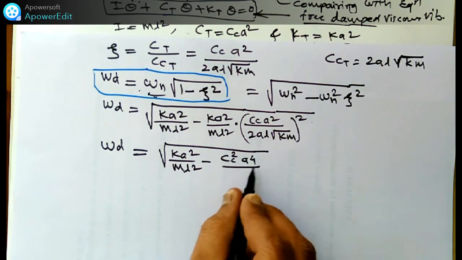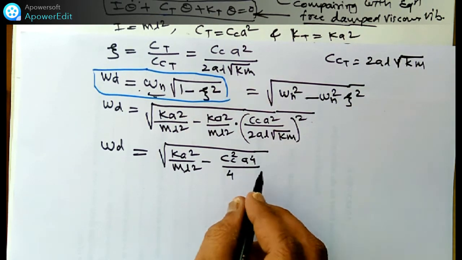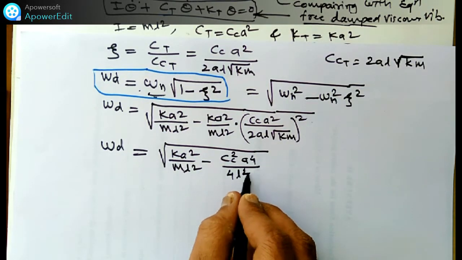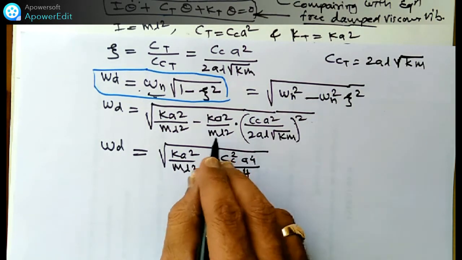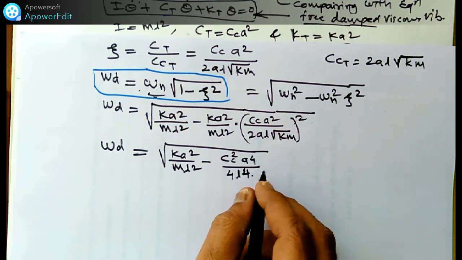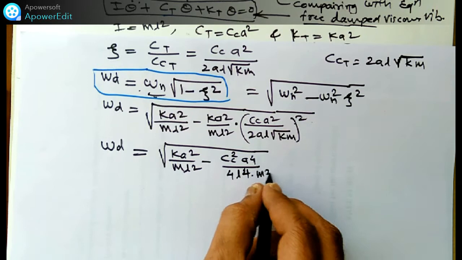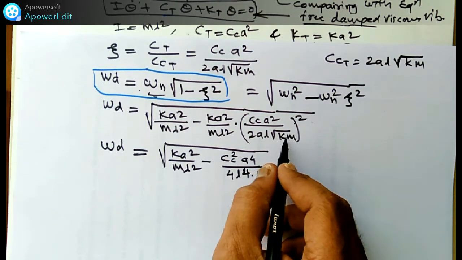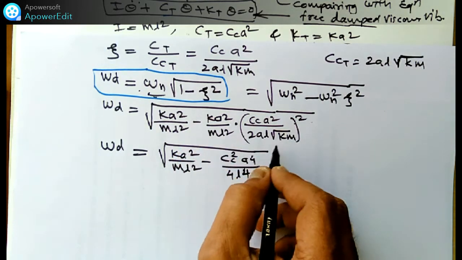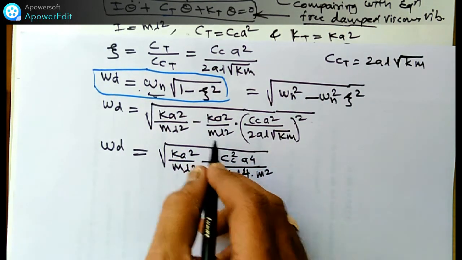This L square and this L square gives L raised to 4, into the m square. The k gets cancelled, and m into m, the m square is remaining, and this 2 becomes 2 square. This is the 4. So this is the final value.